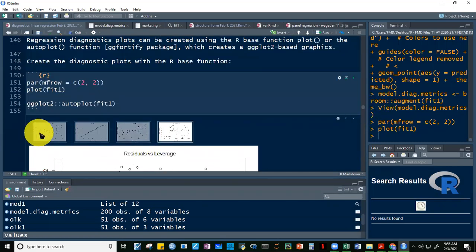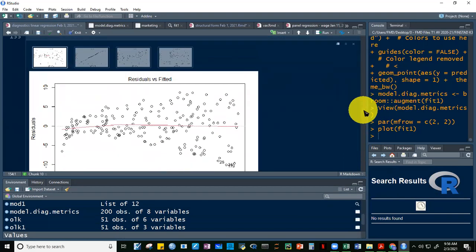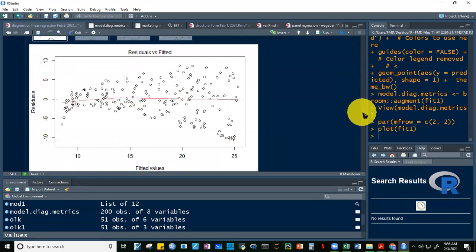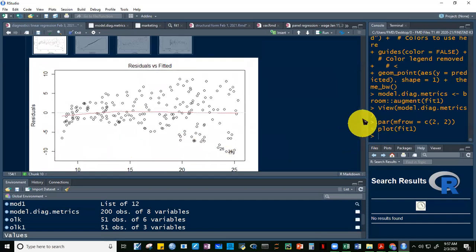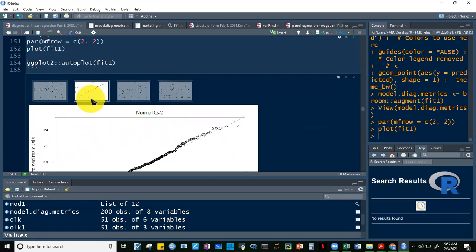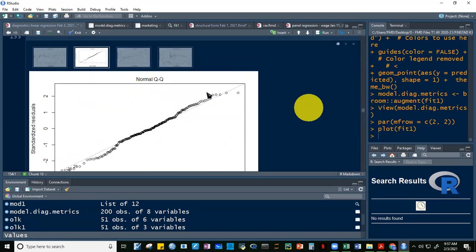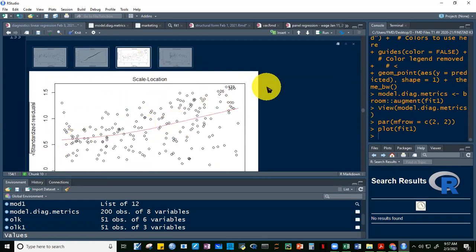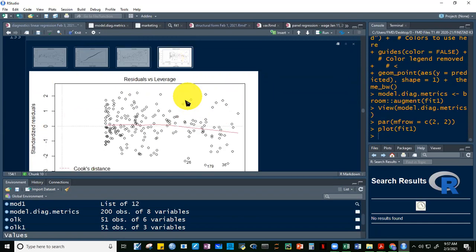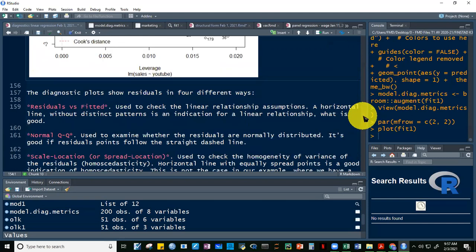Yung first one, residuals versus fitted value. On the y-axis, you have the residuals. On the x-axis, you have the predicted values. Sa pangalawa, you have the normal QQ plot. Then you have scale location, standardized residuals 'to. And then you have residuals versus leverage. Let's quickly take a look at them one by one.